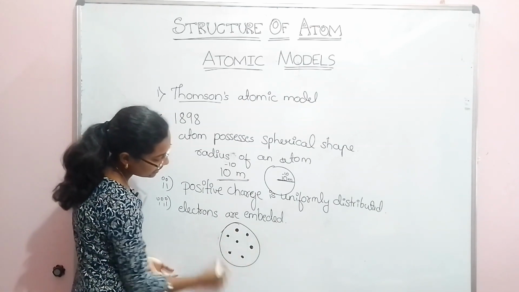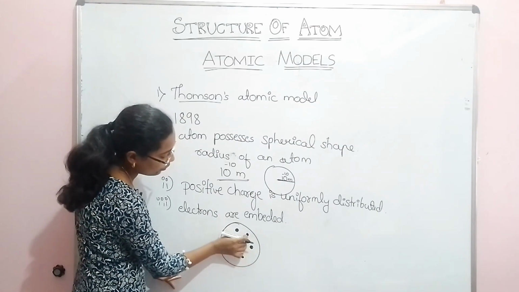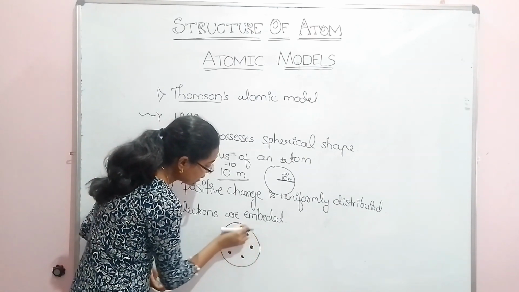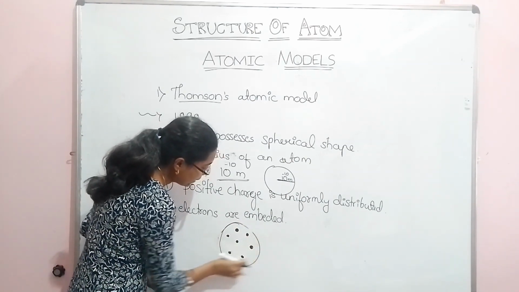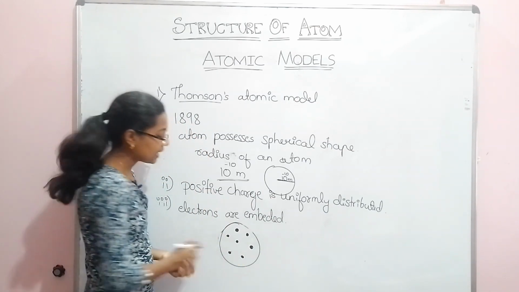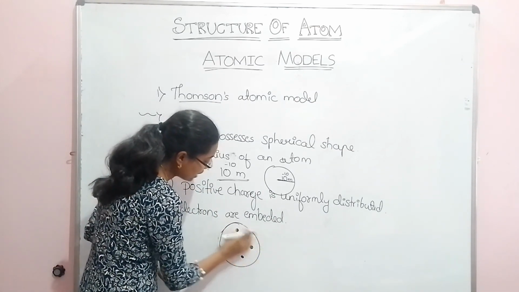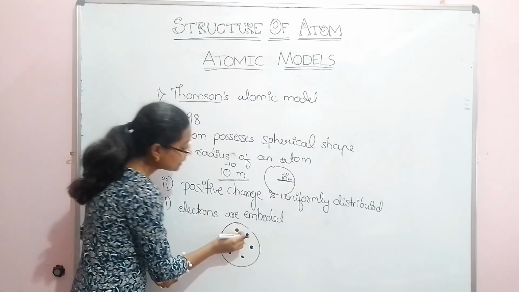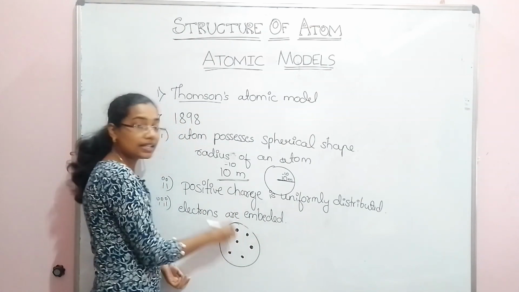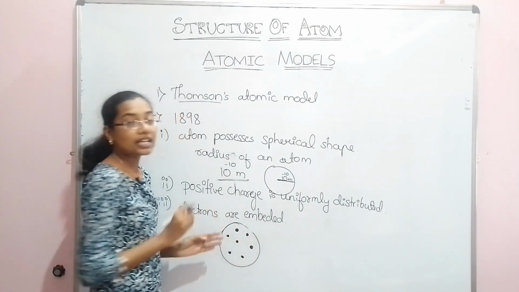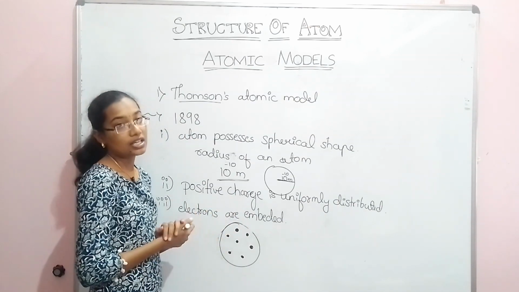This whole thing is the atom, and these dots are electrons, and this white space we are observing is no empty space, it is nothing but the positive charge. He said this is positive charge which is uniformly distributed all throughout the atom, and these are the electrons which are embedded in that positive charge in such a way that the electrostatic force of attraction is balanced.